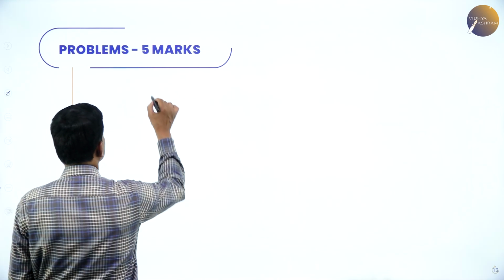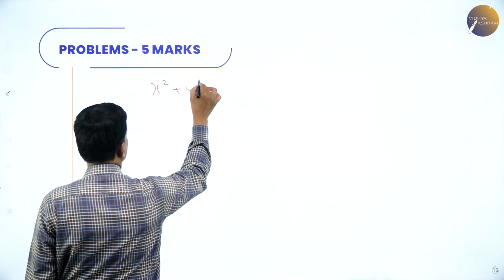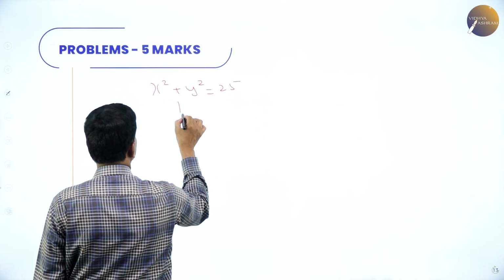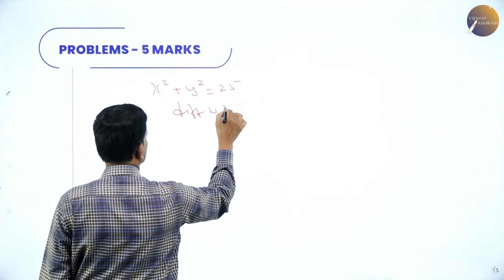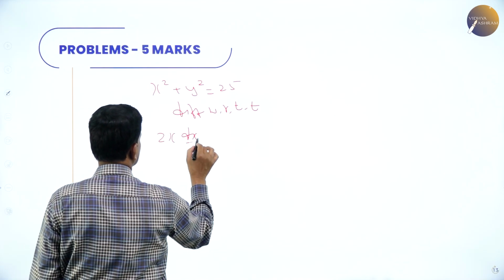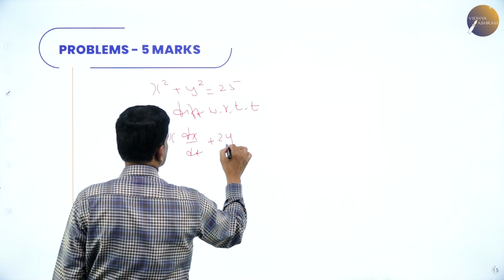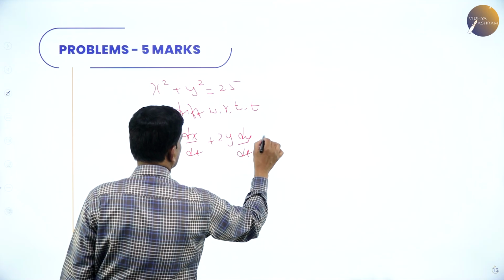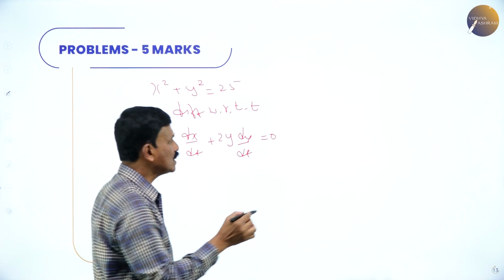Now from this equation, x square plus y square is equal to 25, differentiating with respect to time t, 2x into dx by dt plus 2y into dy by dt is equal to 0. Now what is x?